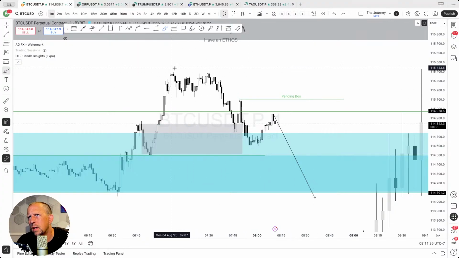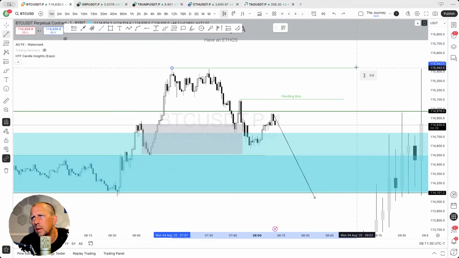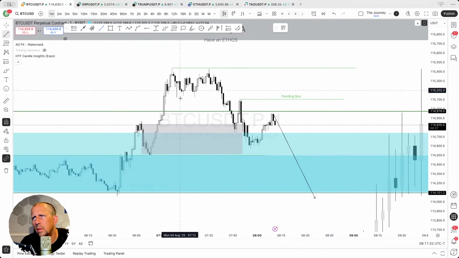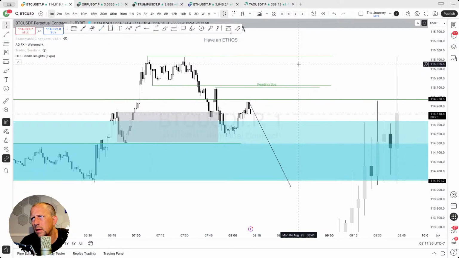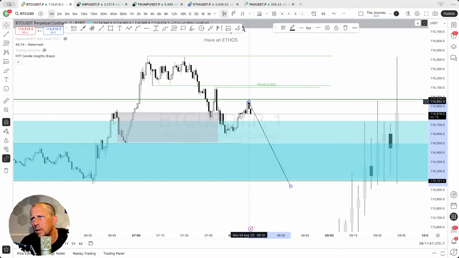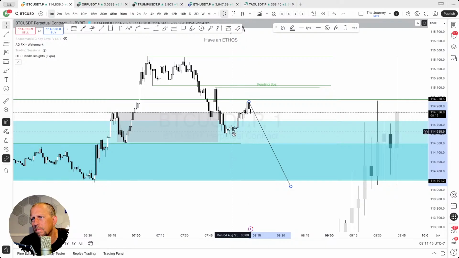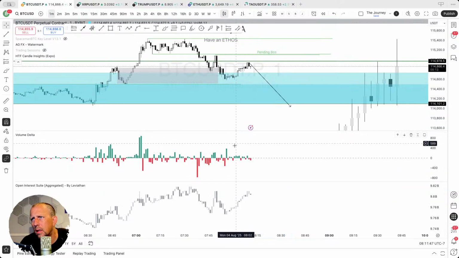And this high does not touch that high. Nor was that a mitigation on that. Yeah, it needs to happen from here and come down. But I'm not sold that that is going to be the case.